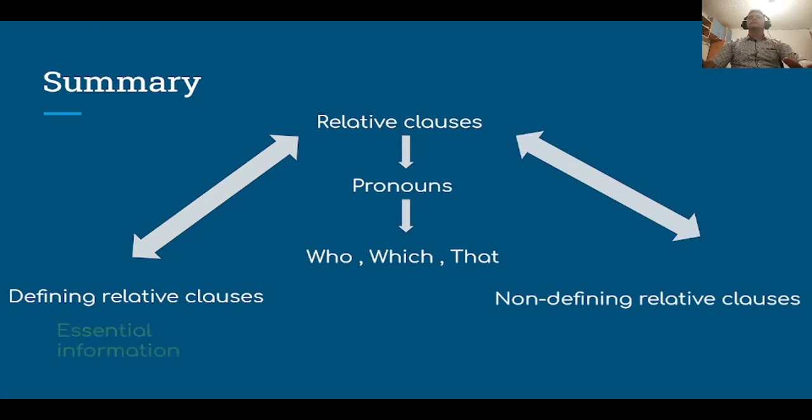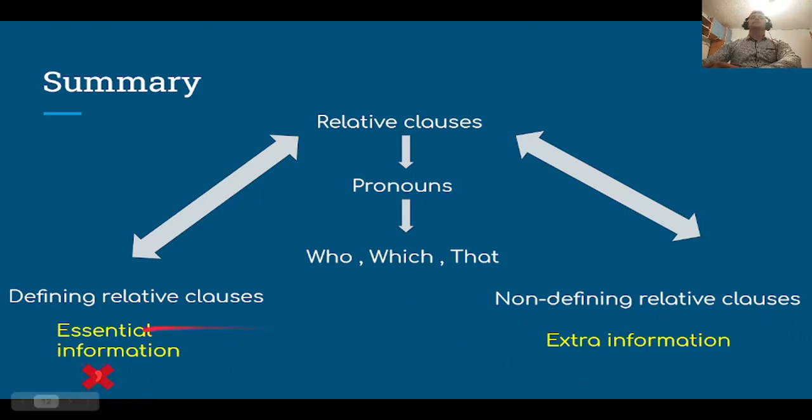We said that defining relative clauses contain essential information, whereas the non-defining have extra information which is not necessarily needed. So, and what did we say about the punctuation part? We said that defining relative clauses have no commas, whereas in the non-defining have the extra information separated in commas.